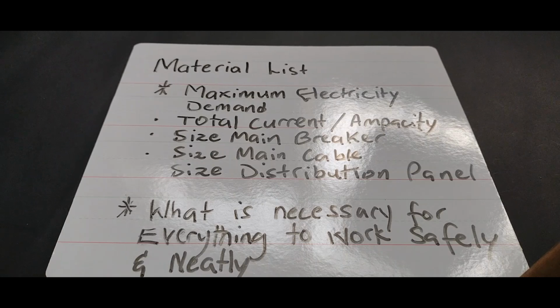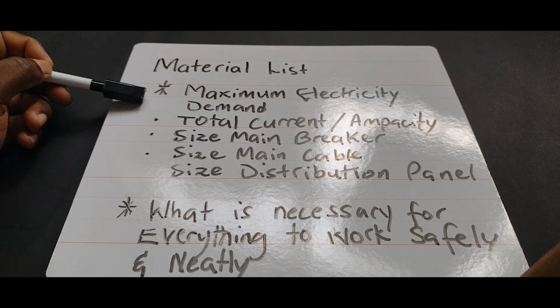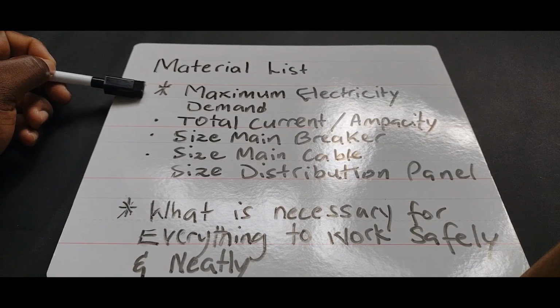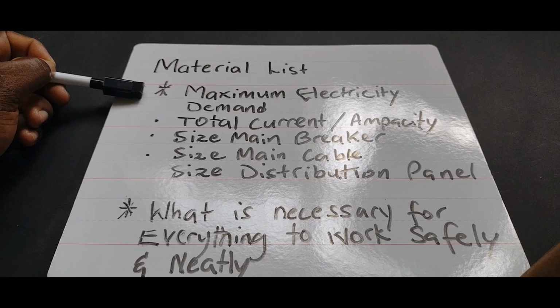Now, in order to arrive at a properly completed material list, these are the things that we will aim at accomplishing. We need to find out the maximum electricity demand for this installation.